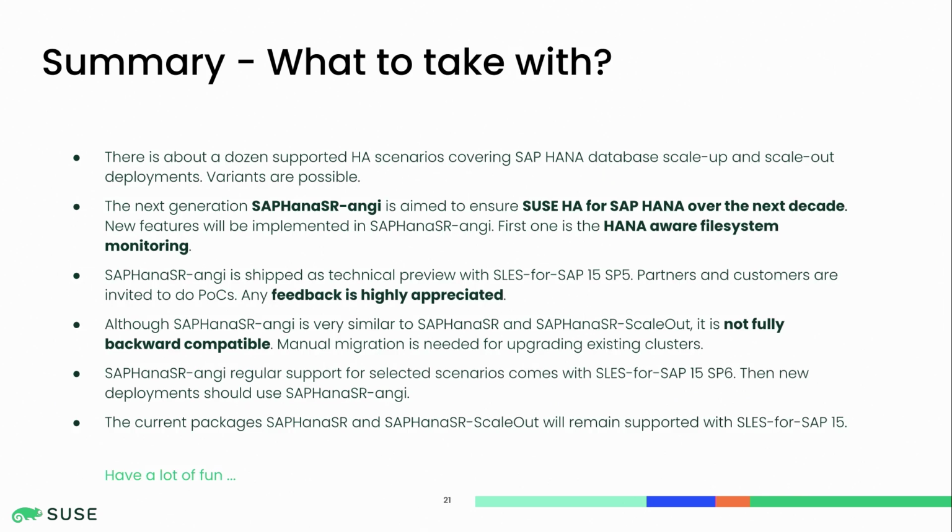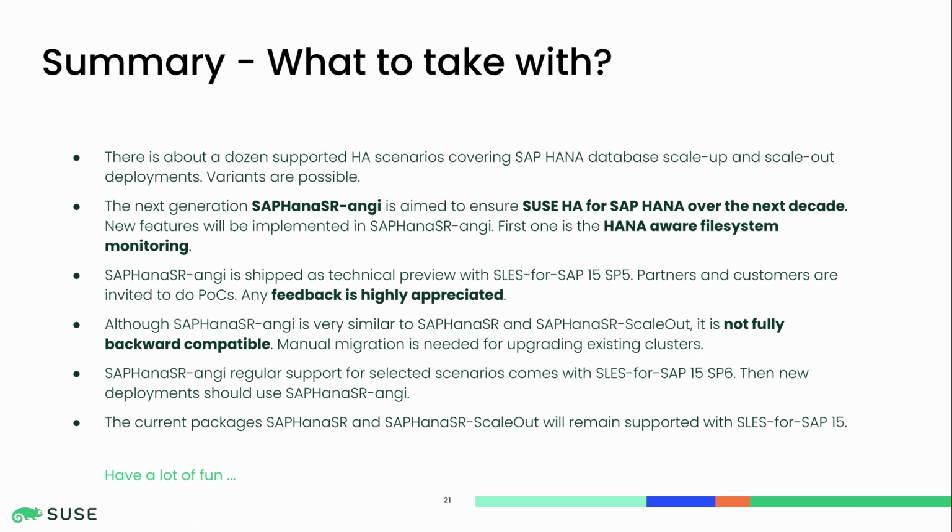session. So what to take with you? We have a dozen supported HA scenarios with the old setup. We will have basically the same with the new setup. The setup guides are a little bit behind. SAP HANA SANG is aimed to ensure HA for HANA on Linux for the next decade until we are retiring.